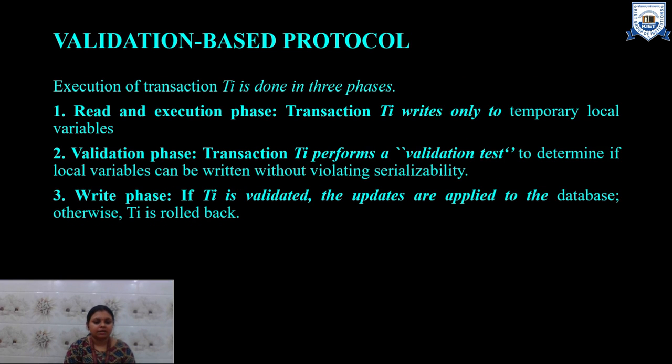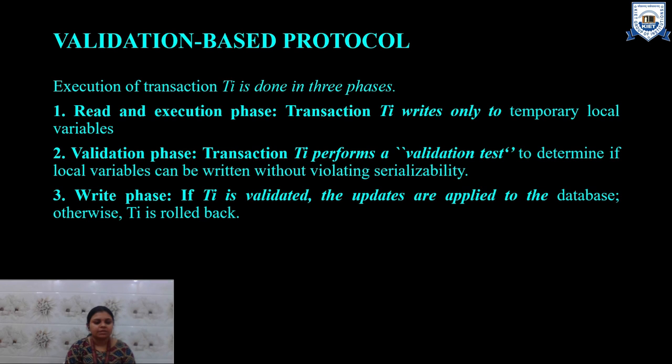Now the third category is the validation-based protocol. Execution of a transaction, say Ti, is done in three phases. The very first one is the read and execution phase, the second one is the validation phase, and the third one is the write phase. The read phase says that the transaction writes only to temporary local variables.